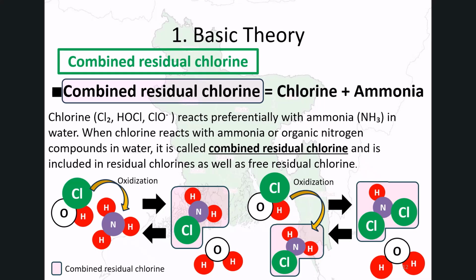This reaction is important because it consumes chlorine with ammonia before it can act effectively against germs. In water sources containing ammonia or organic nitrogen compounds, a larger chlorine dose is required to satisfy this reaction before effective disinfection begins. Understanding this helps explain why the same chlorine dosage may behave differently depending on raw water quality.